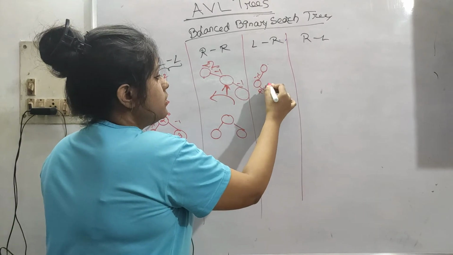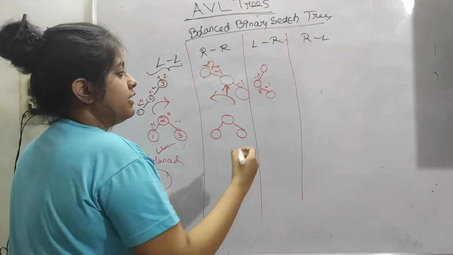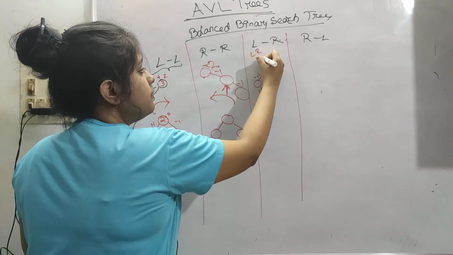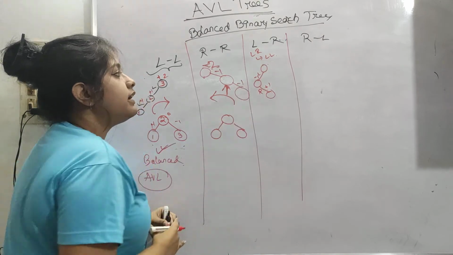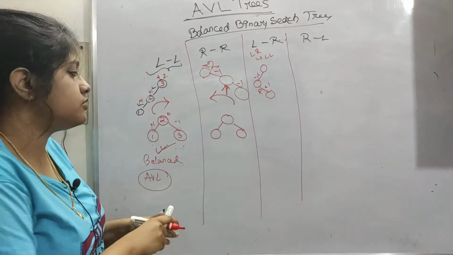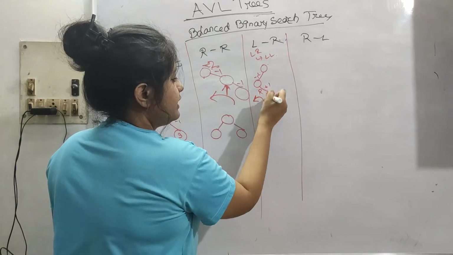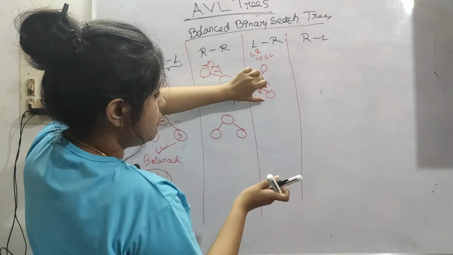First we have to make it left left. Remember, LR means we have to make it LL first. So what we do is move the right node to our left, take the node and move it like this.